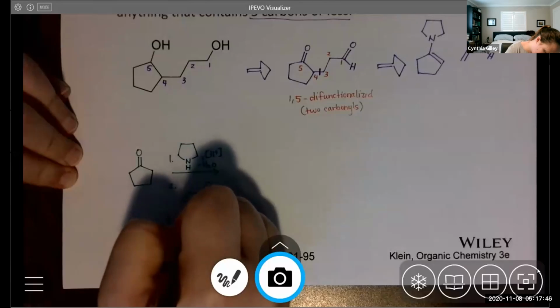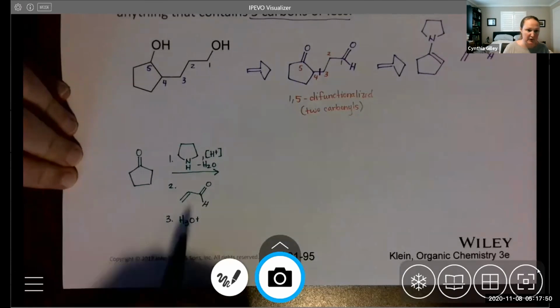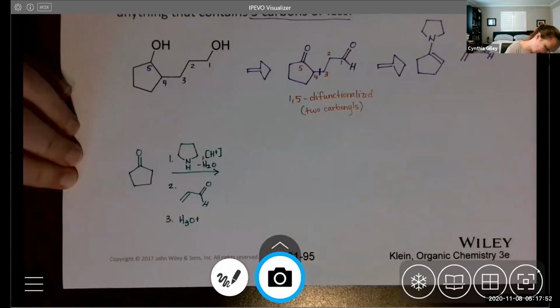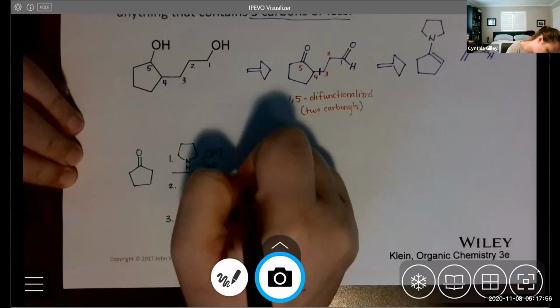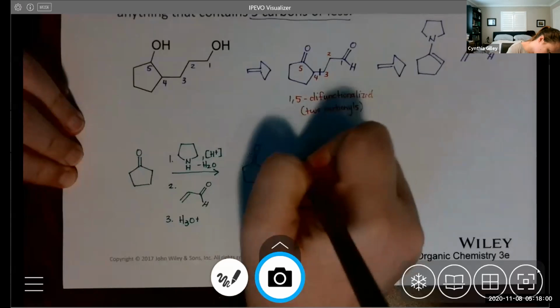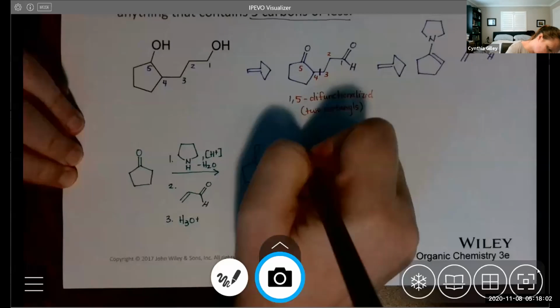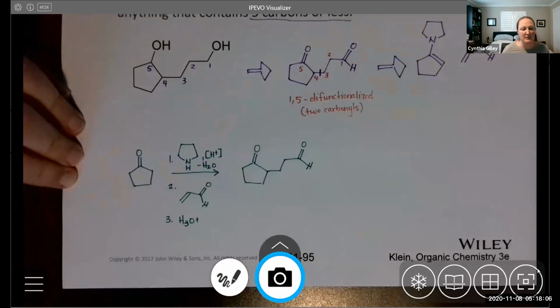Followed by an acidic hydrolysis step. So remember, the Stork enamine synthesis is a 3-step process. That is going to, in one step, go ahead and yield me my 1,5-dicarbonyl intermediate that I had determined I wanted to make prior.